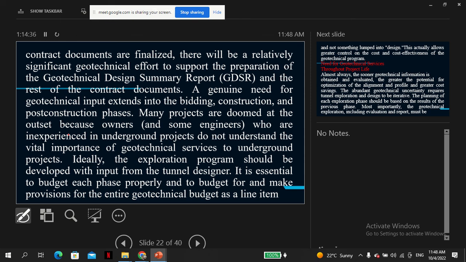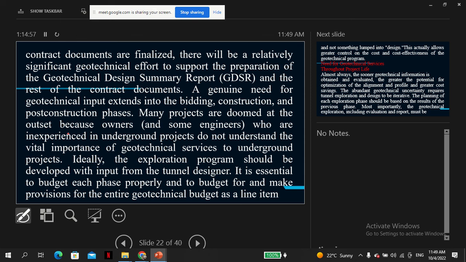So if you do the structure and it collapses, you lose the 100 million, when you could have spent 1 or 2 or 3 million to secure it. So people underestimate the importance of geotechnical engineering.